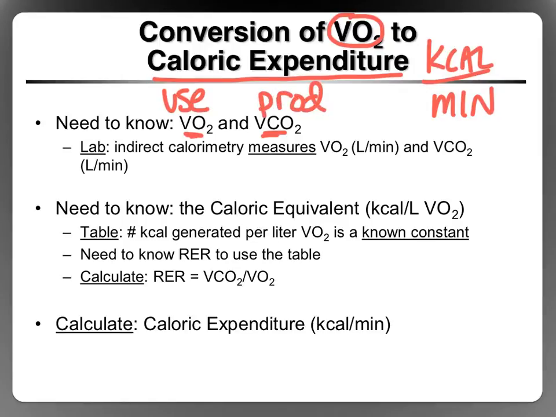Because we don't use CO2, we produce it. And we don't produce oxygen, we use it. So VO2 is oxygen use. VCO2 is CO2 production. And we can measure these numbers using indirect calorimetry. And we usually express these values in liters per minute.